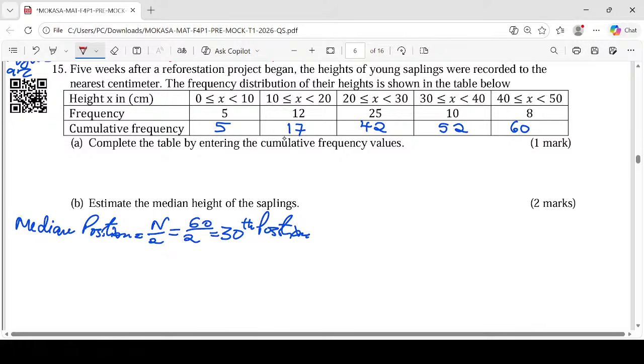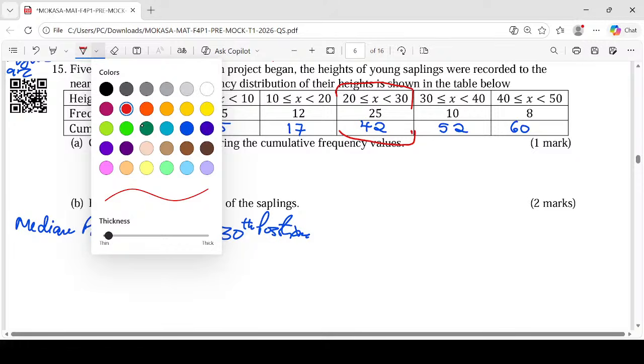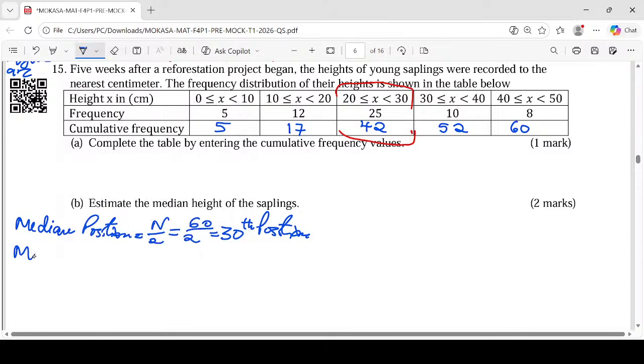It cannot belong to 17 because 17 is small, but it can belong to 42. So this becomes the median class. In case you get a question asking for the median class, your answer will be 20 to 30.